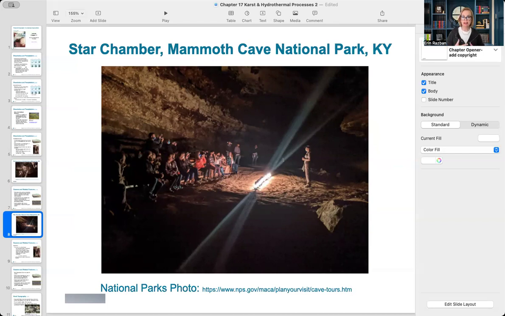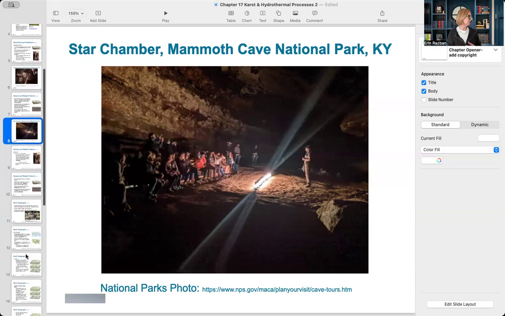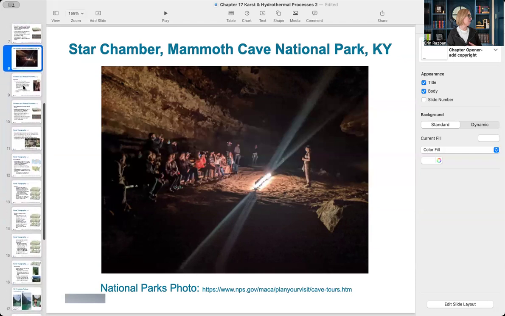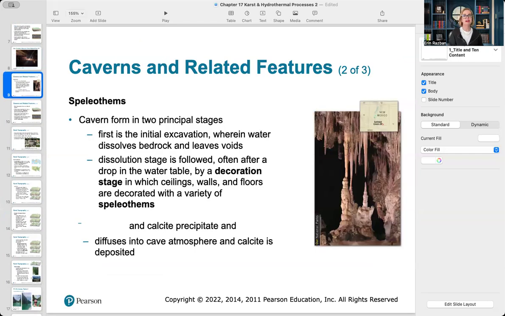The cave's development was particularly influenced by the fluctuating water table of the nearby Green River, which created multiple levels of cave passages as the river gradually cut deeper into the landscape. And I have to say, these cave pictures are challenging to obtain because obviously it is dark inside.